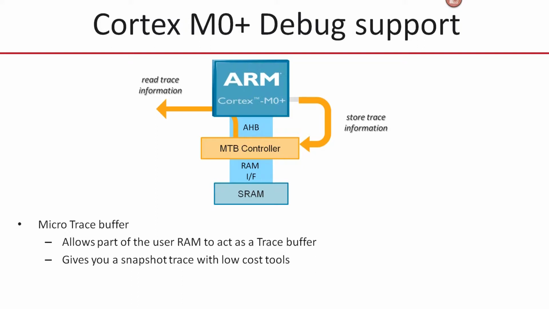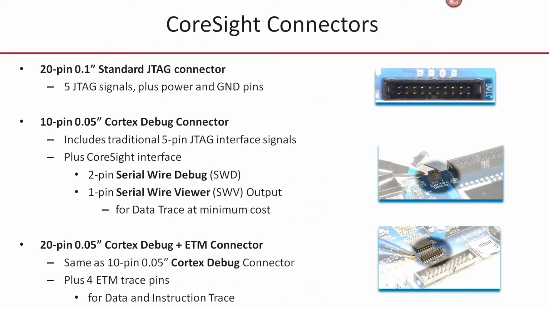Now, very often when you buy an evaluation board for a Cortex processor, it's fitted with the large standard JTAG debug connector. In fact, ARM provide, or rather define, a couple of small sub-miniature dedicated connectors for CoreSight. These are either a 10 or a 20 pin connector, and they take up a much smaller amount of space on the board.